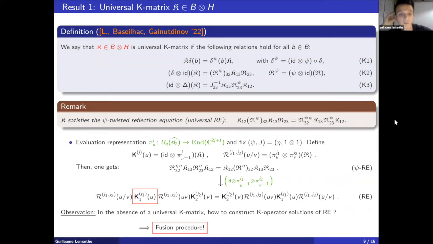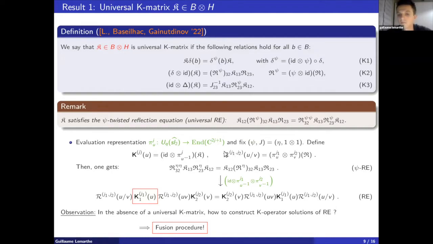Okay, so we have our definition, and now we may wonder, can we make some evaluation to recover the usual reflection equation? So for this, now we will fix the twist pair psi J equal eta and a trivial one, and we define some K operators as an evaluation of the universal K matrix: identity times pi J U inverse.